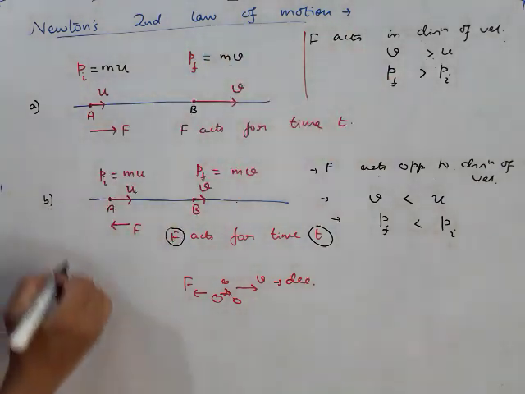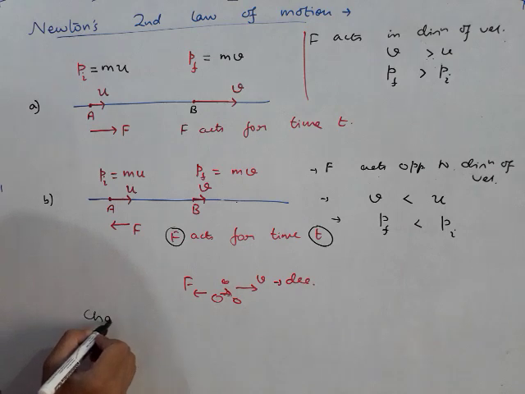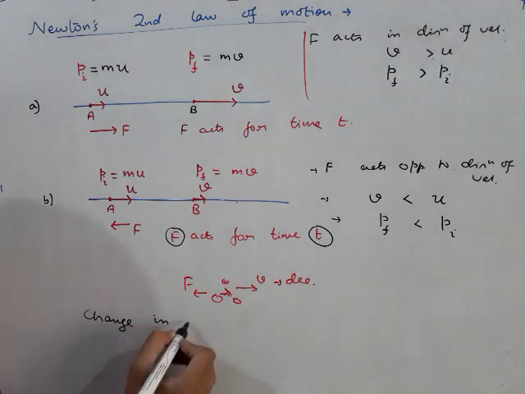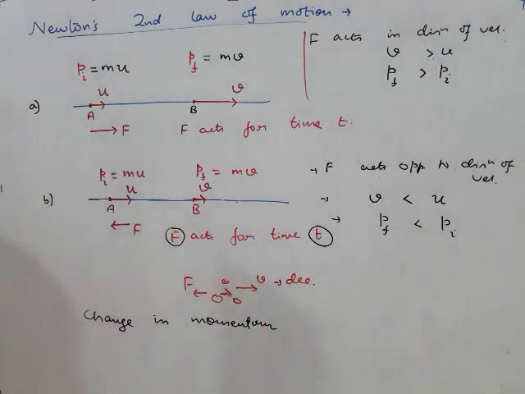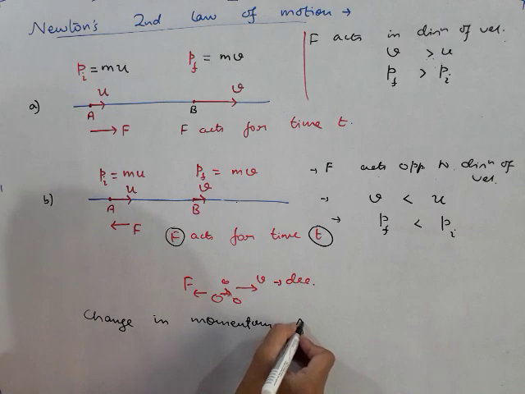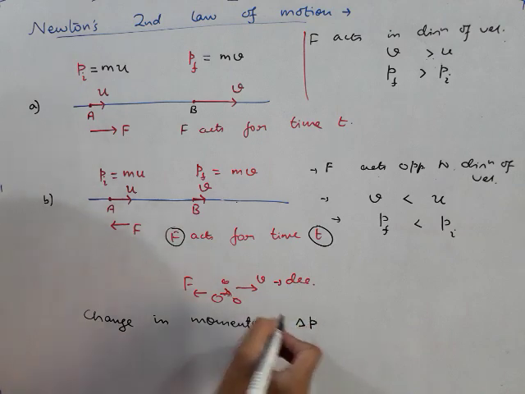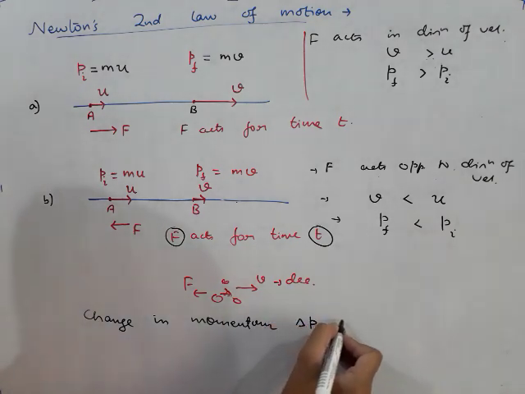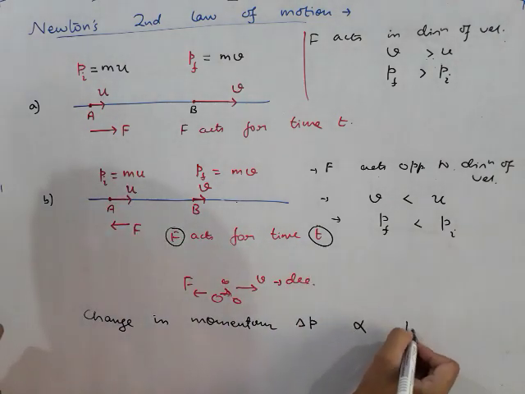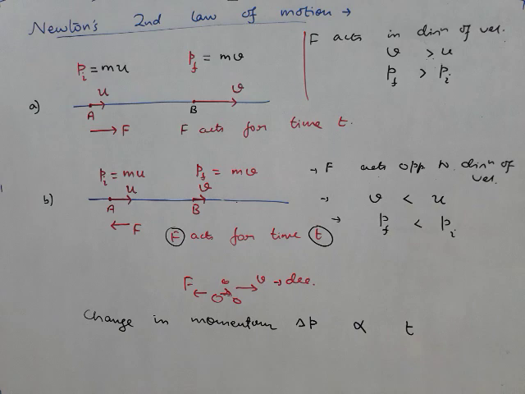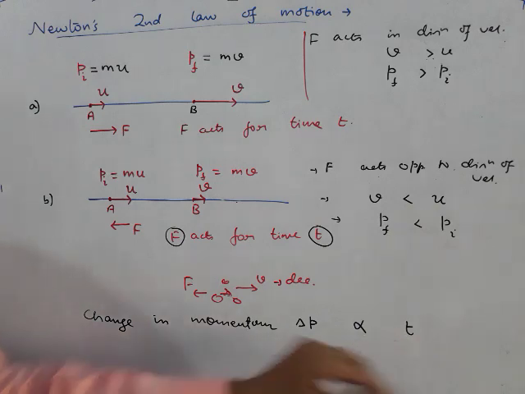So what we find? We find that the change in momentum of the body, change in momentum means final momentum minus initial momentum, so this I will represent by delta P. Delta means change. It will depend upon time, where t is the time for which the force is being applied.